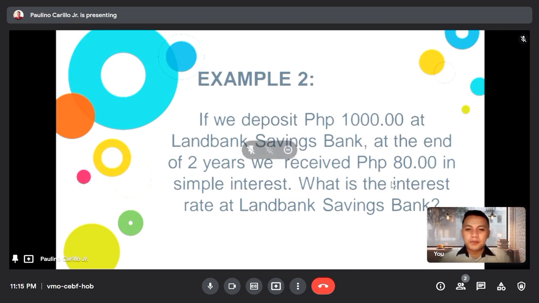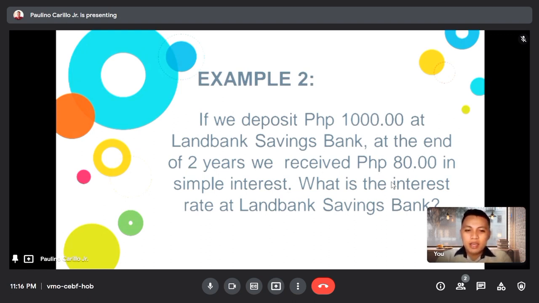For example number 2. If we deposit 1,000 pesos at Land Bank Savings Bank, at the end of 2 years, we receive 80 pesos in simple interest. What is the interest rate of Land Bank Savings? First thing to do, we're going to determine what is asked.